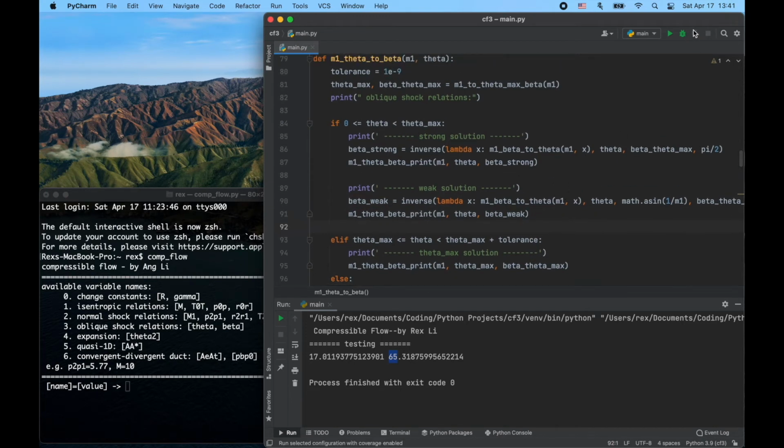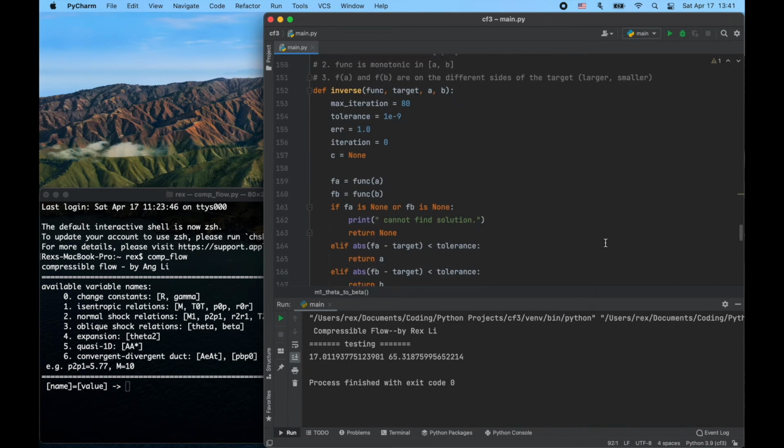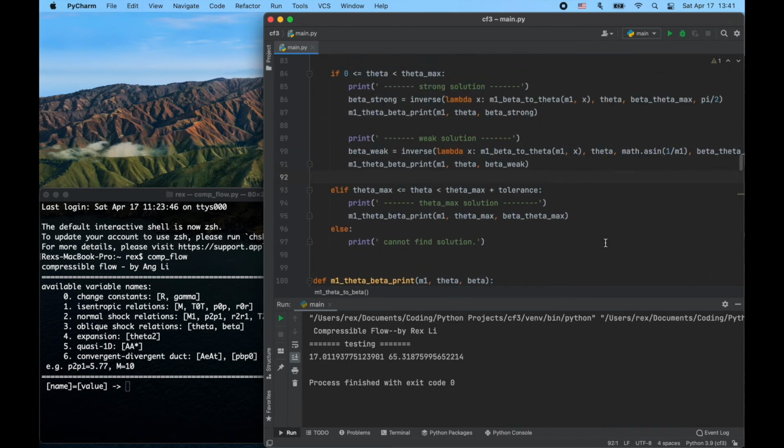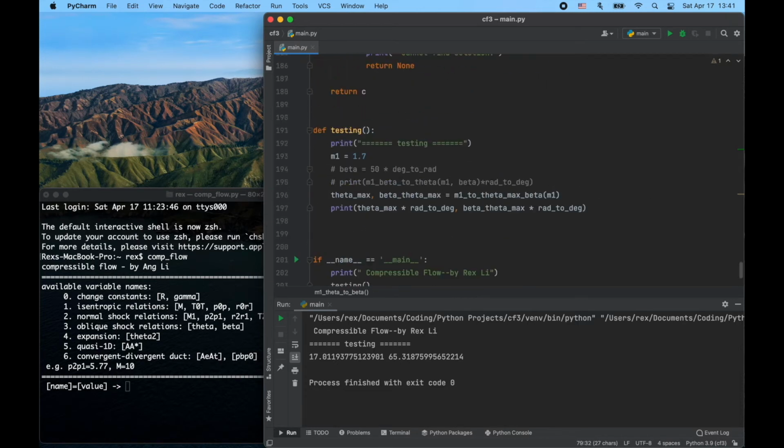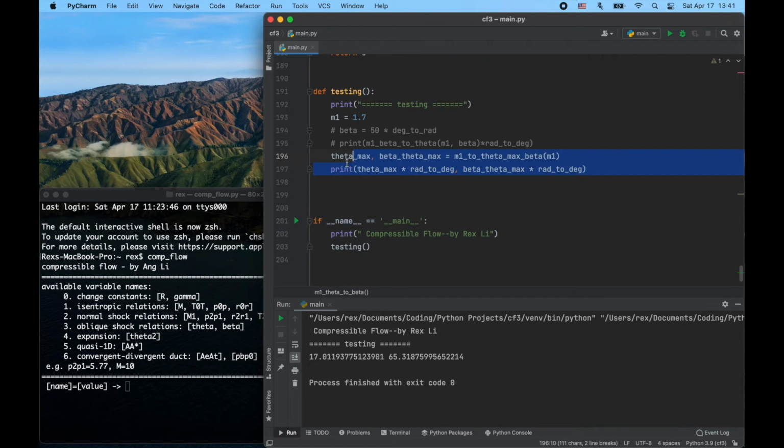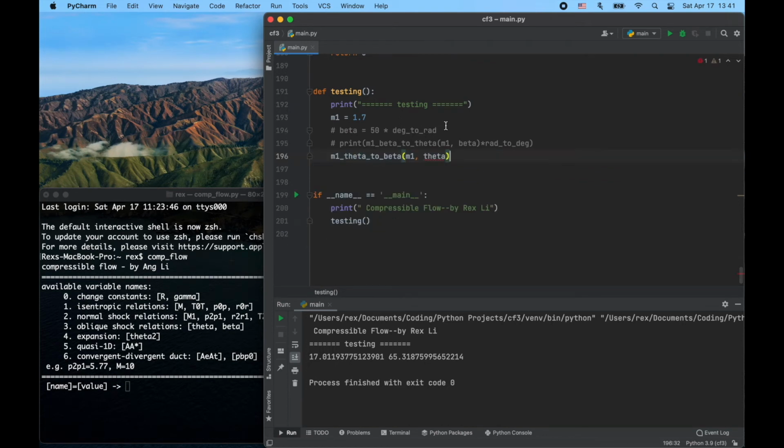And let's try it. The function is called m1 theta to beta. So theta, we give it a small, oh, okay, Mach number 1 should probably be larger than that, maybe 2.5.